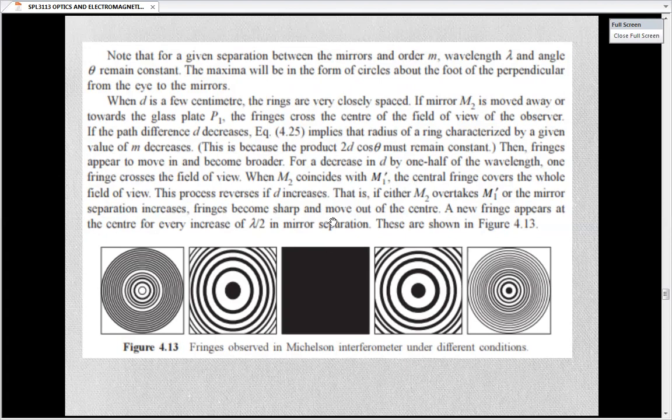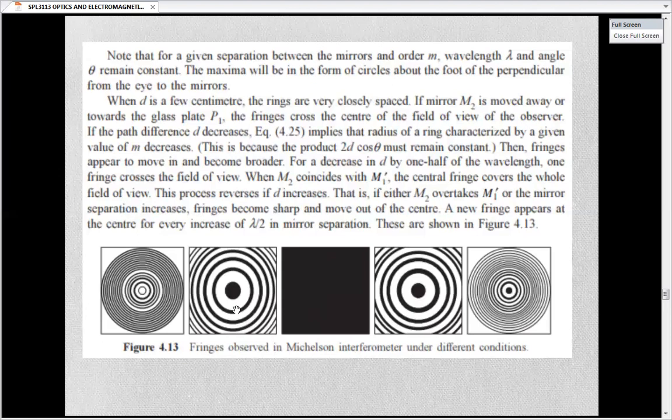For instance, the fringe that is dark in the center is formed when the apparent position of mirror M1 is perfectly aligned with the position of M2, so that the distance d is 0. When the distance d is 0, the fringe formed on the screen or on a photographic plate appears dark.